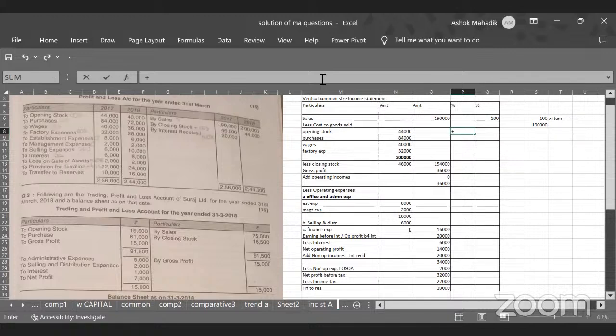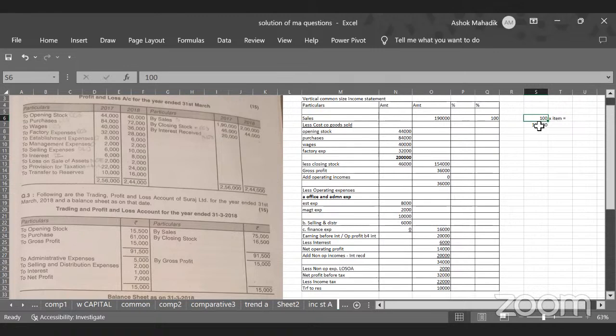See, if you have a calculator, you can solve this in 2 minutes. But since I'm not using a calculator here, I'm using a laptop, I have to show this again and again. Look here. In the calculator, take 100 upon the base, that is sales, 1,90,000.